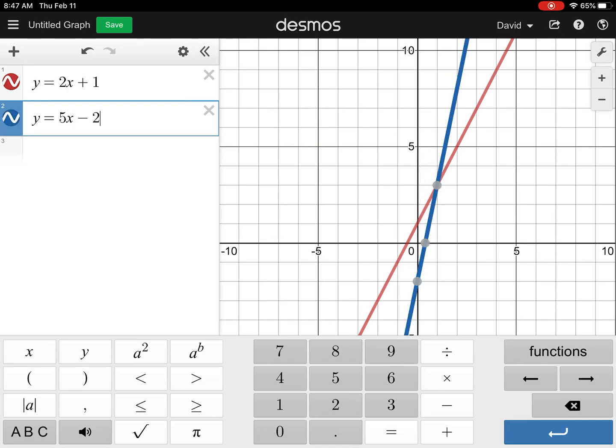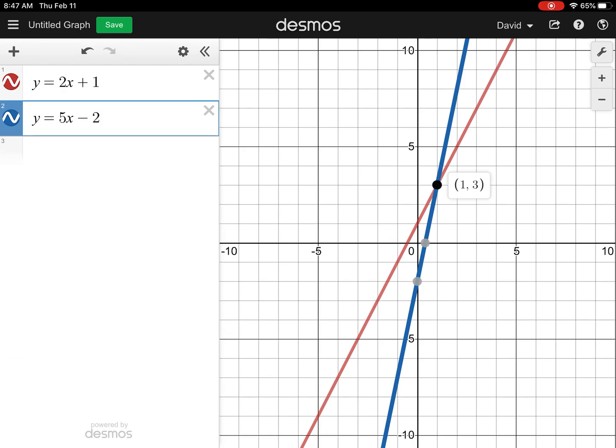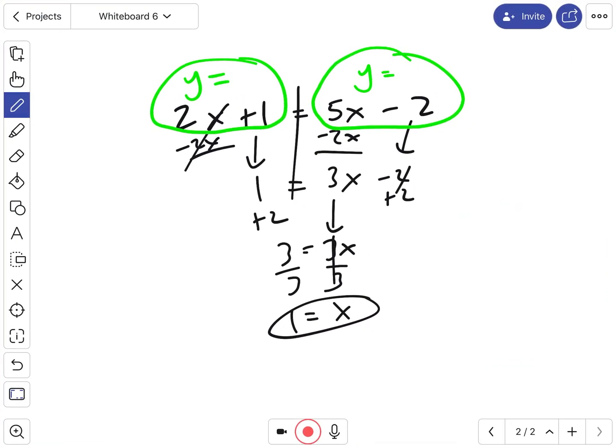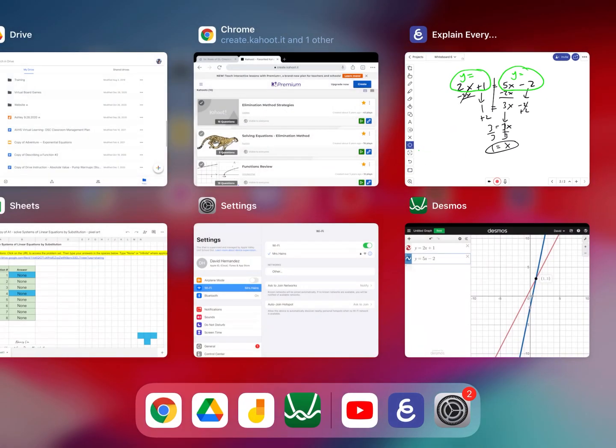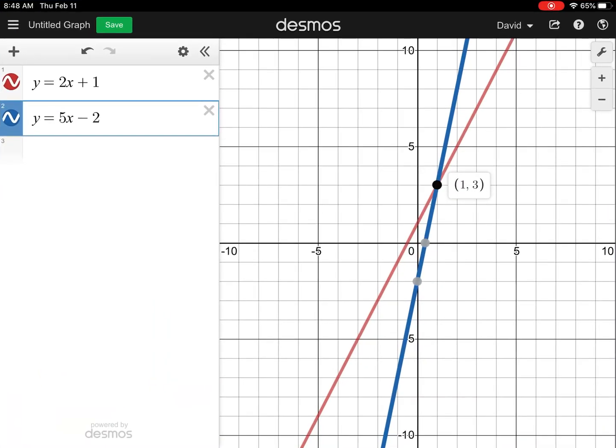And I could see that they are going to cross right here at x equals 1. Notice there are only x variables here. If you're solving for x, the solution is the x coordinate where they cross, so it's 1.